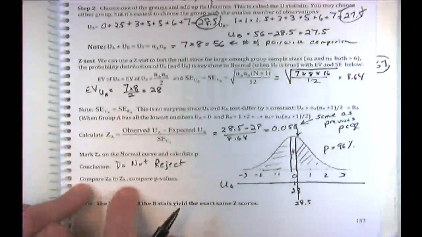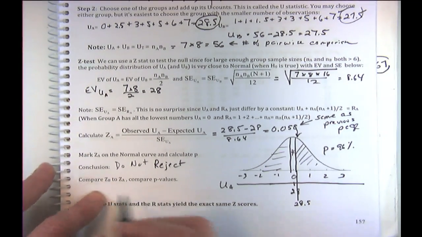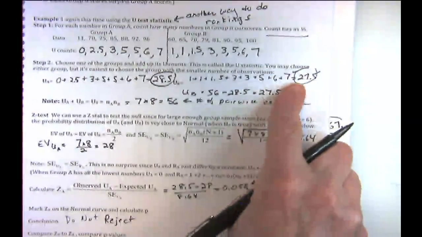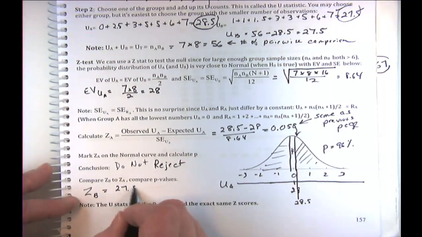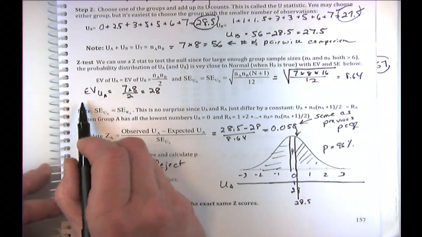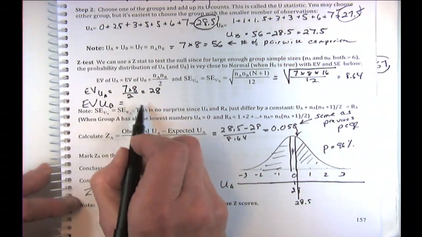And now we're going to compare the ZB to ZA, so we can do exactly the same thing. For ZB, what would we have? We'd have our observed, which is 27.5, minus our expected, which is exactly the same.